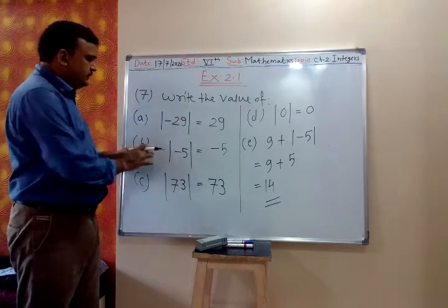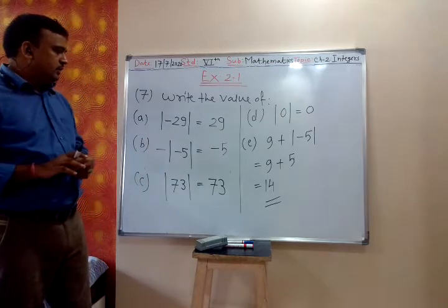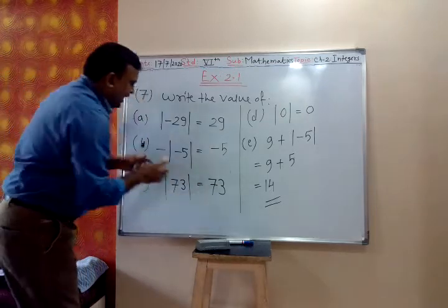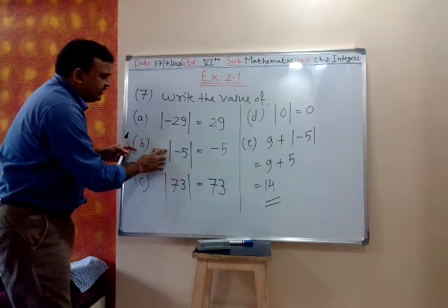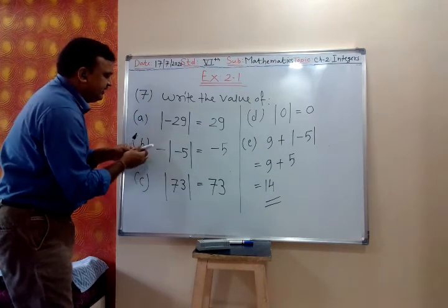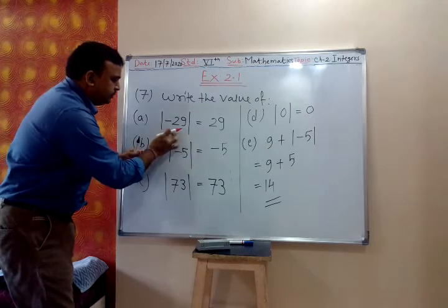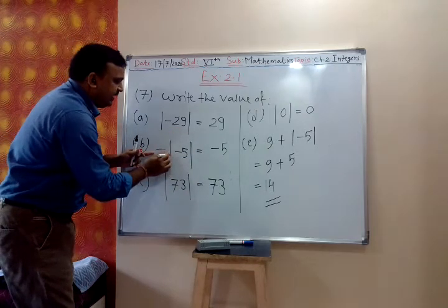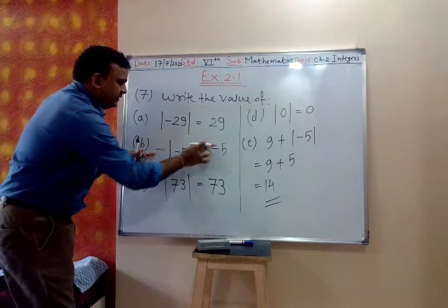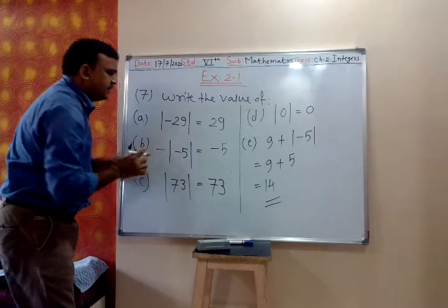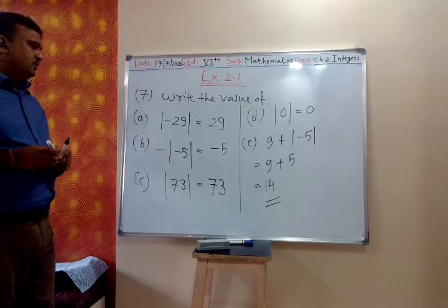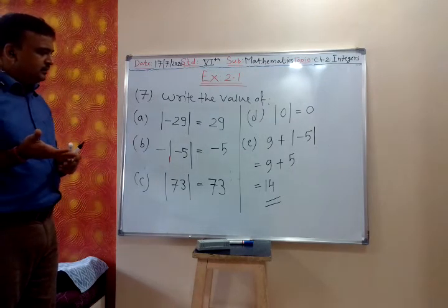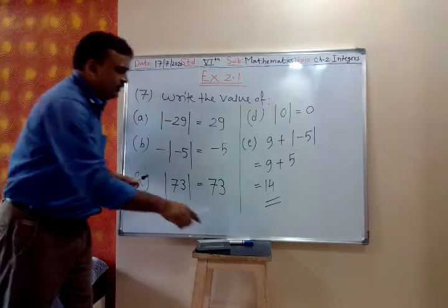The sign outside we keep as it is. Only the absolute value of minus 5 becomes plus 5. So the minus sign is already there. Plus 5.